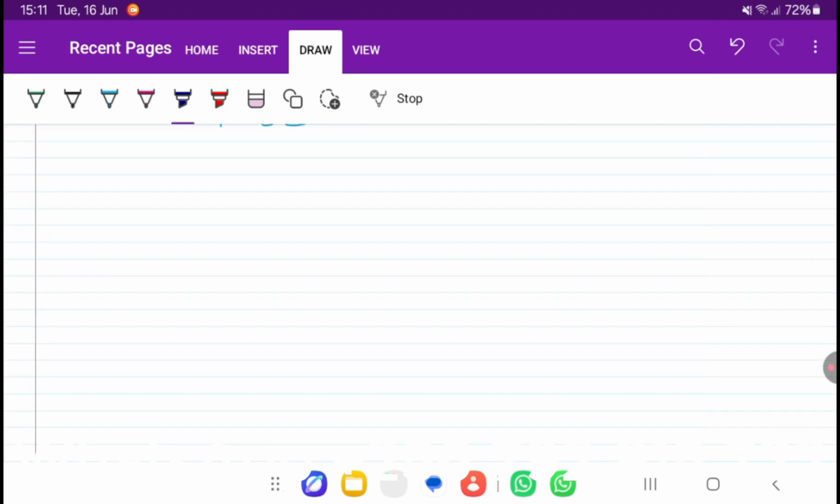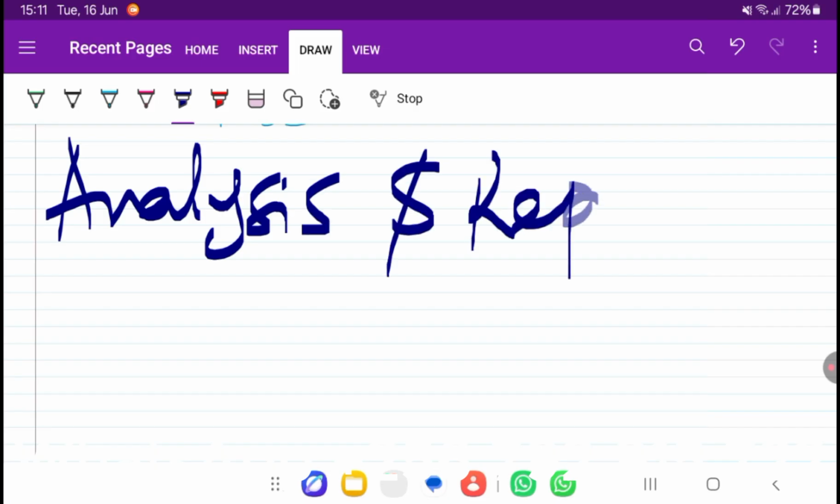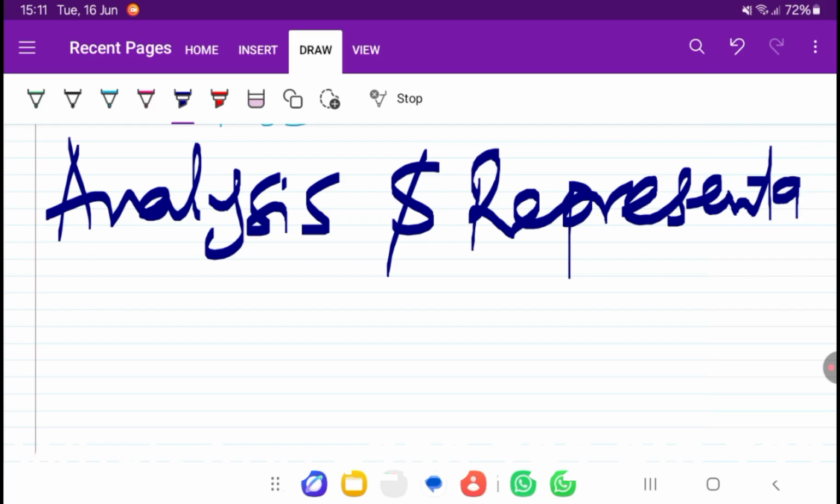Maybe the other thing that we can look at is the representation and analysis. How do we represent continuous data?